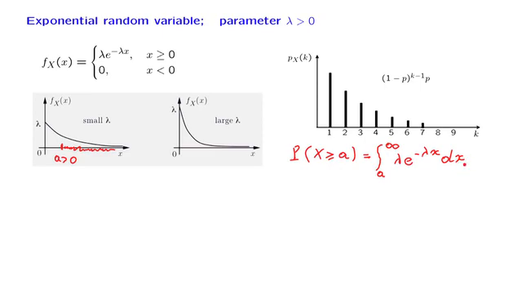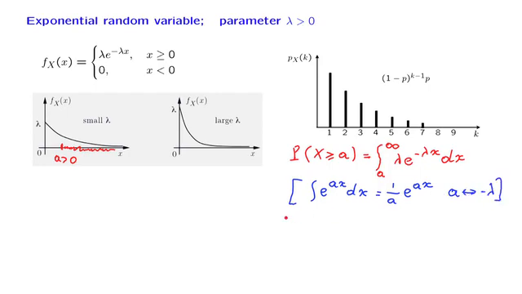And at this point, we can recall a fact from calculus, namely that the integral of the function e to the ax is 1 over a times e to the ax. We can use this fact by making the correspondence between a and minus lambda.